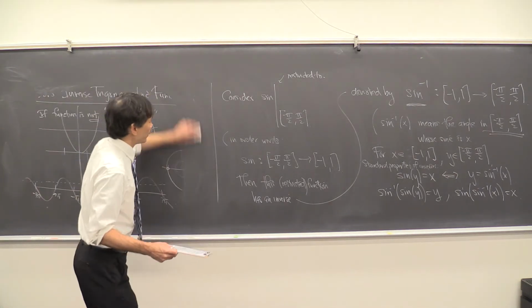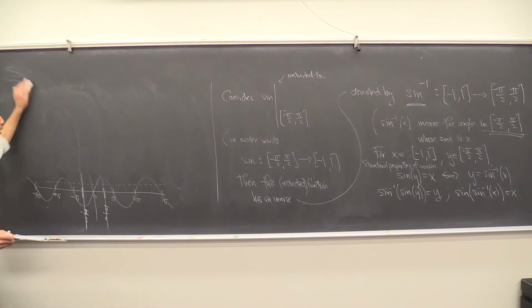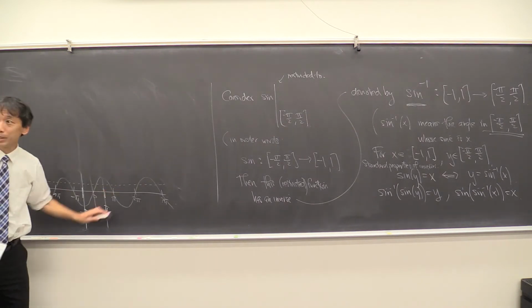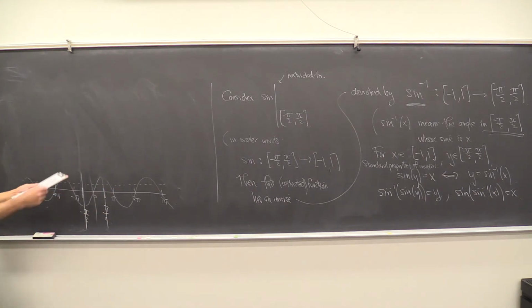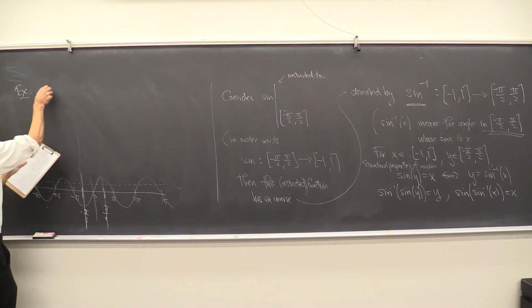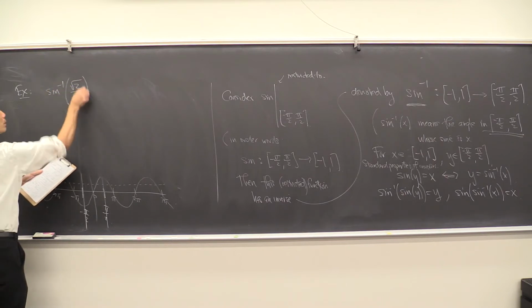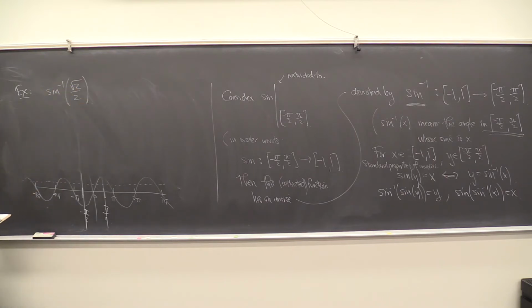Okay. So let's just do some examples. There's a lot of talking, but this is actually pretty simple. Not completely simple, but fairly simple. So if I say, for example, sine inverse of root 2 over 2. Think about that for half a minute and tell me what that means.